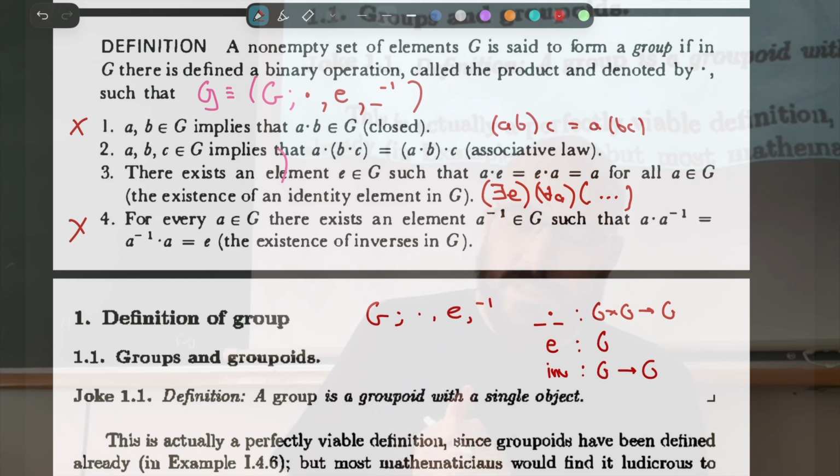And now that you have this, you can ask if a group is an algebra, and it turns out to be a properly algebraic structure, with operations and equations.